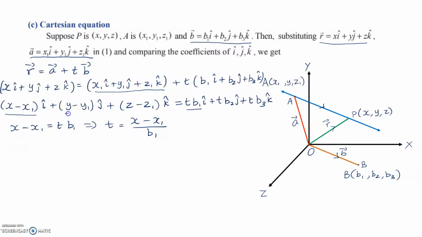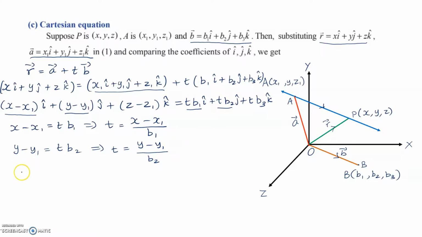Similarly, the second one, you can write as y minus y1 is equal to t b2. So that becomes t is equal to y minus y1 divided by b2.